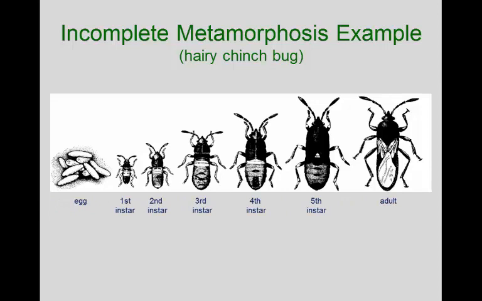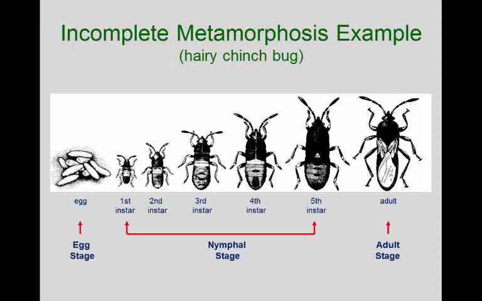What I want to start out with first is, how many stages did I tell you were here? Three. Does that look like three stages to you? No, but indeed, there are three stages here. We have the egg stage, the nymphal stage and the adult stage.